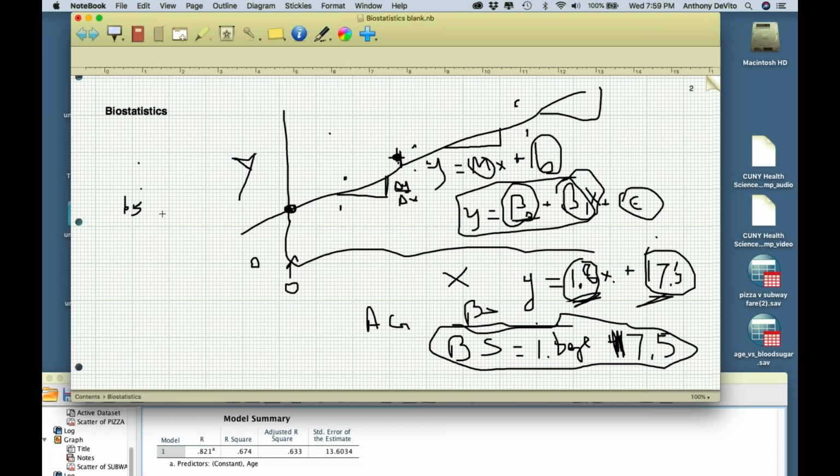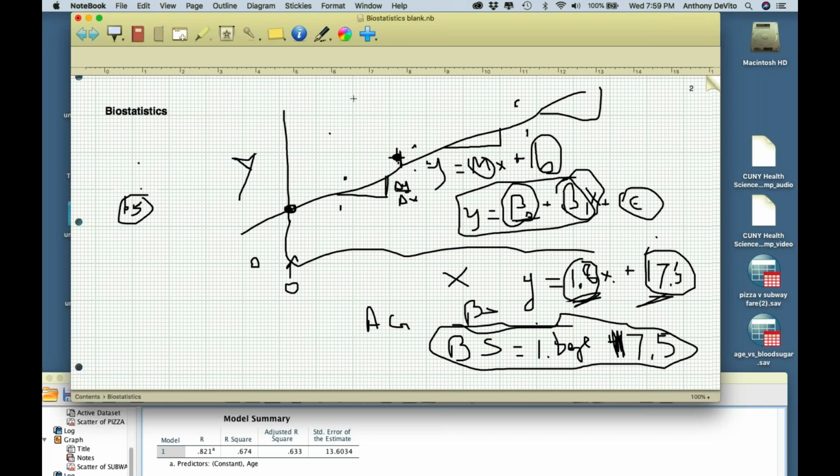Remember, our R-square value told us that roughly 65% of the variability in blood sugar is attributable to a person's age. Maybe I can see what some other factors might be and combine them to create a formula that's an even stronger predictor. That's called multiple regression. You don't have to worry about that for today.